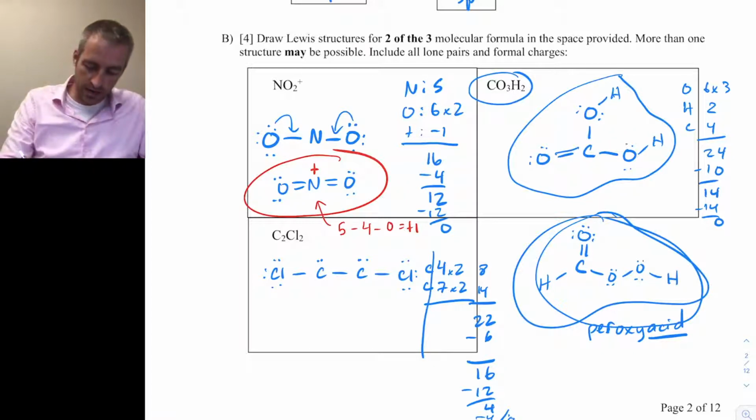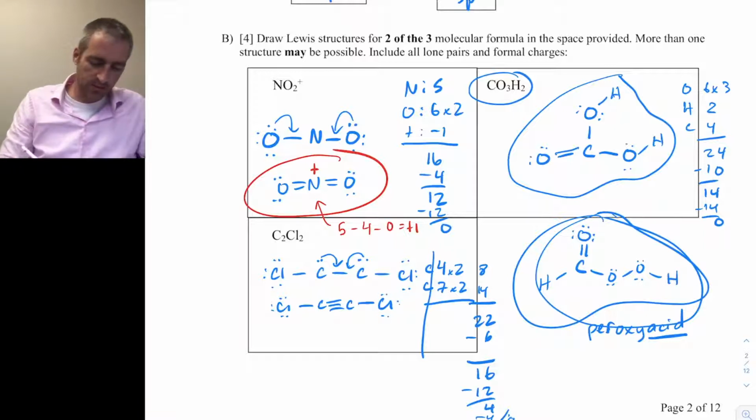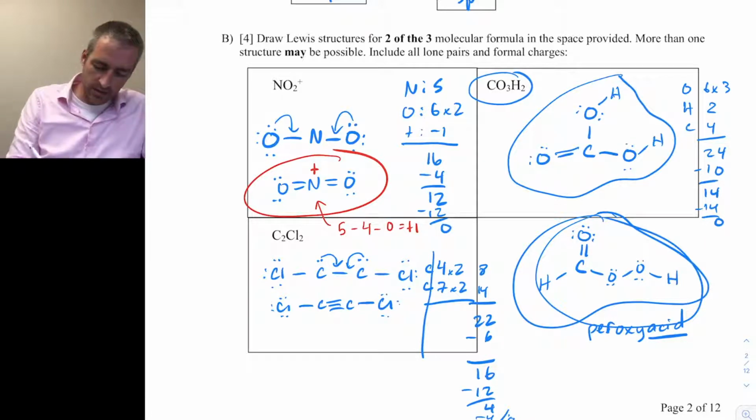We could either take both carbon down and go, or we could draw in one of the chlorines. So you could imagine another one where you have Cl, C, C, Cl.